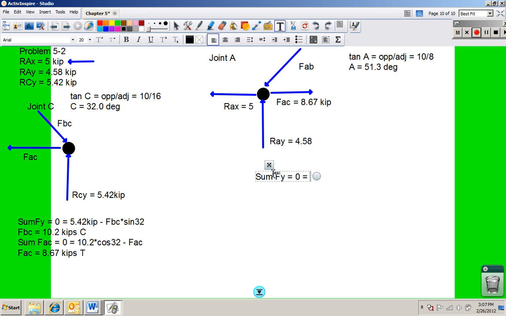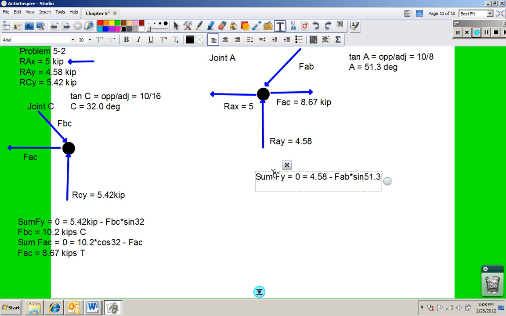So we got 4.58 minus FAB times the sine of 51.3 degrees.